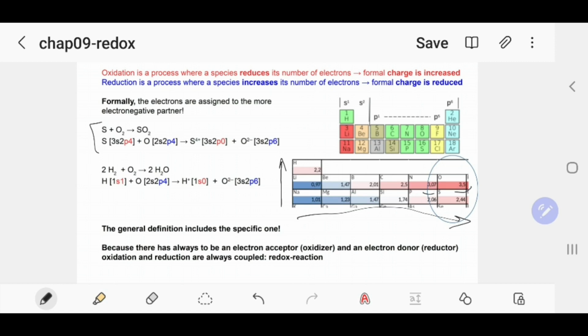So if you compare S, sulfur, and oxygen, then oxygen is more electronegative than sulfur, because if you remember, we said that FON, F-O-N, are the three most electronegative in the periodic table. So this also definitely applies to sulfur, which means that sulfur is less electronegative than oxygen.